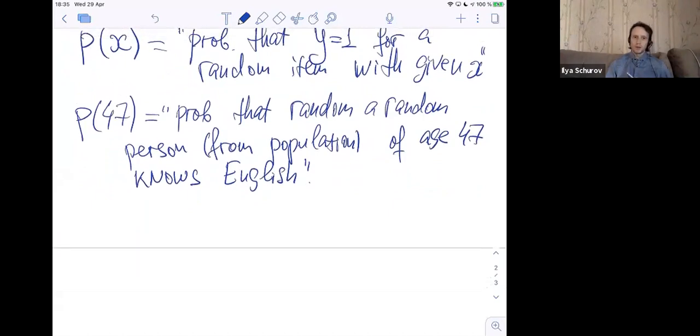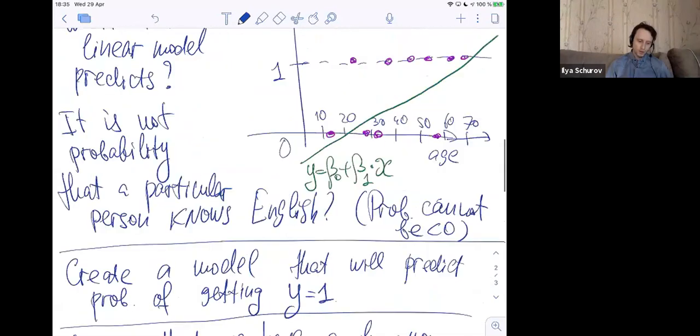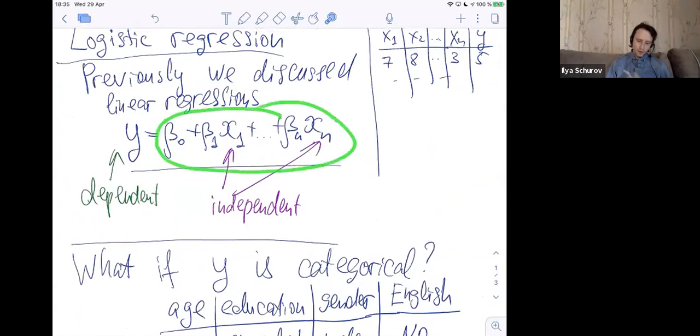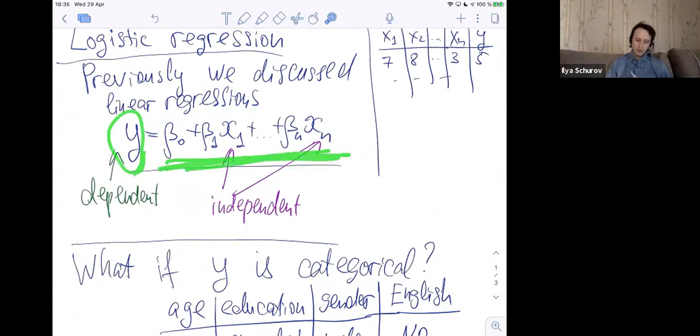My idea is to use something that is very close to my linear model. But as we discussed previously, we cannot put probability here because these values can be less than 0 or greater than 1. So I want to transform my probabilities to some other value that can take values from negative infinity to plus infinity, so all possible real values.